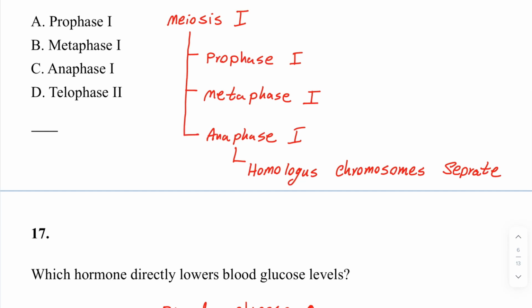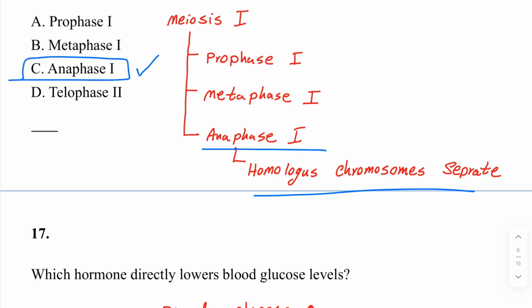During meiosis 1, homologous chromosome pairs are separated. The actual separation occurs during anaphase 1. At this stage, each chromosome pair moves toward opposite poles of the cell. This process reduces the chromosome number by half. Therefore, homologous chromosomes separate during anaphase 1, option C.